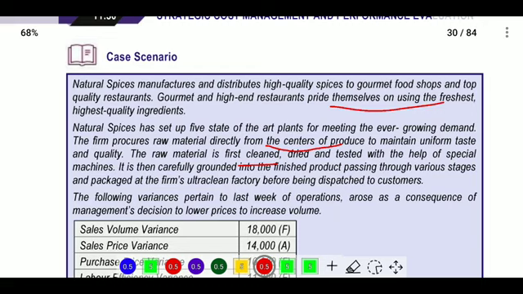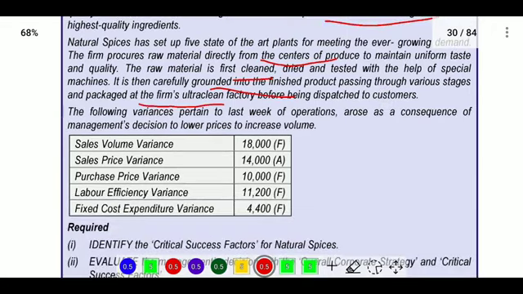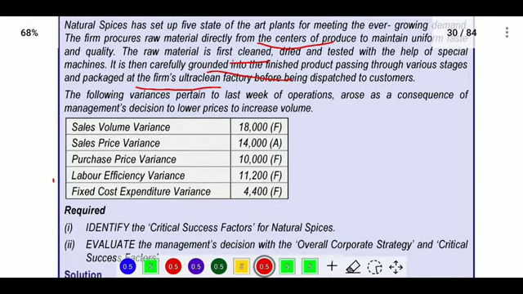It is then carefully ground into the finished products, passing through various stages, and packed at the firm's ultra clean factory before dispatching to the customers. So it is providing packing and distribution to the customer. Next, the following variances pertain to last week. Some variances are provided, such as sales volume variance and sales price variance.